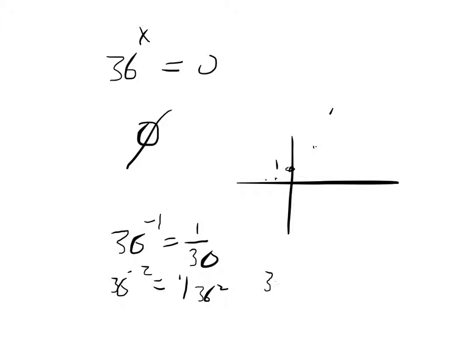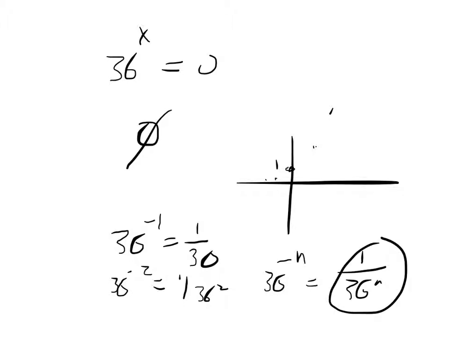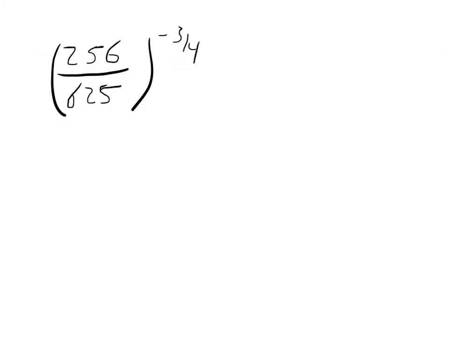But will I ever get there? 36 to the negative n, assuming n is positive, is going to be 1/36 to the n. A fraction with a numerator of 1 is never going to be equal to 0, and therefore 36 raised to the x power can never equal 0. Answer is empty set.